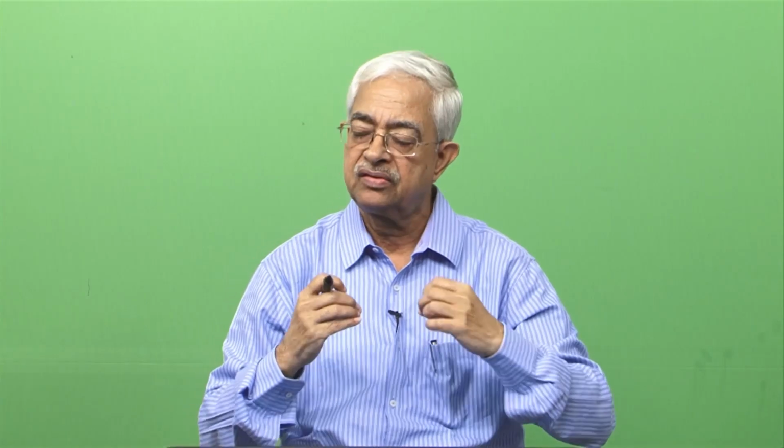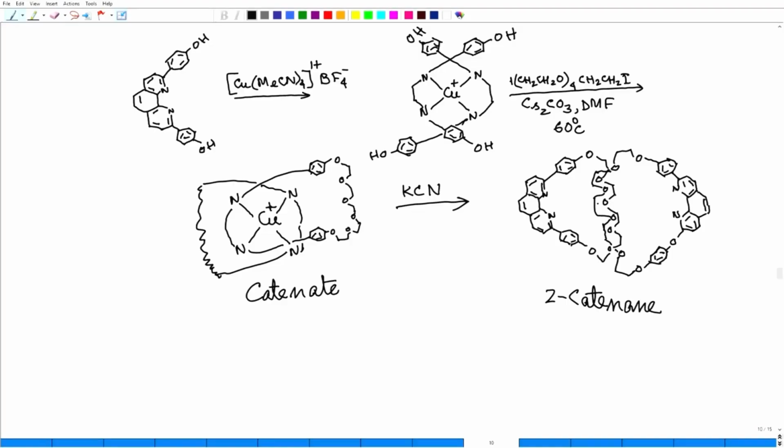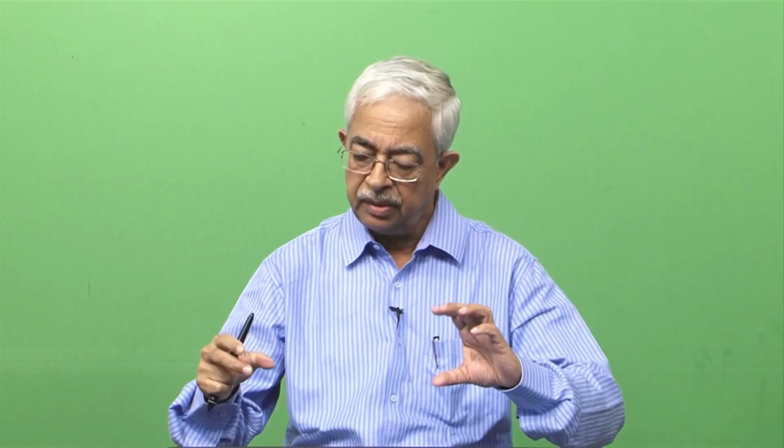Crown ether likes alkali metals and alkaline earth metals. So, if I give an alkali metal ion here, it will go and bind here. And if I give a transition metal here, especially copper(I), then it will bind like this.